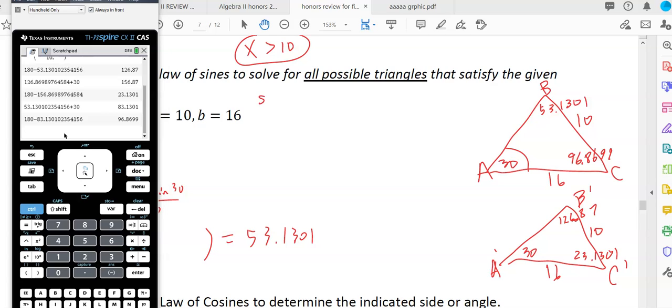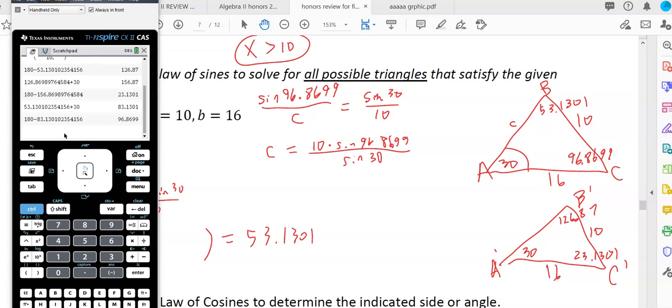Let's do the first one. That'd be sine of 96.8699 all over, let's call this little c, equals sine of 30 over 10. So I'm going to do this a little faster than the last one. So c times sine of 30 equals 10 times sine of 96.8699, so c equals 10 times sine of 96.8699 divided by sine of 30.